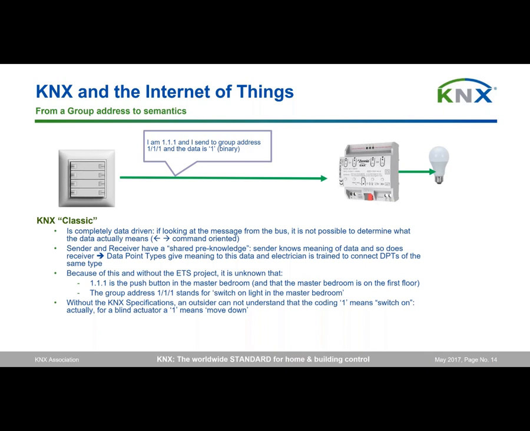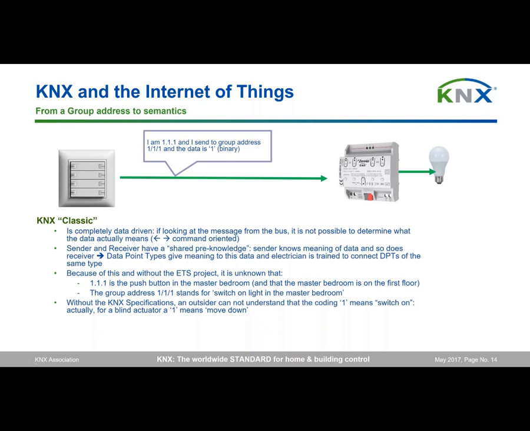So in the message which is sent, it is not said that with this message a lamp will be switched on and off. No, the message simply says it is sent from this device with this individual address. It is sent to this group address, and the binary data that is sent is a 1.